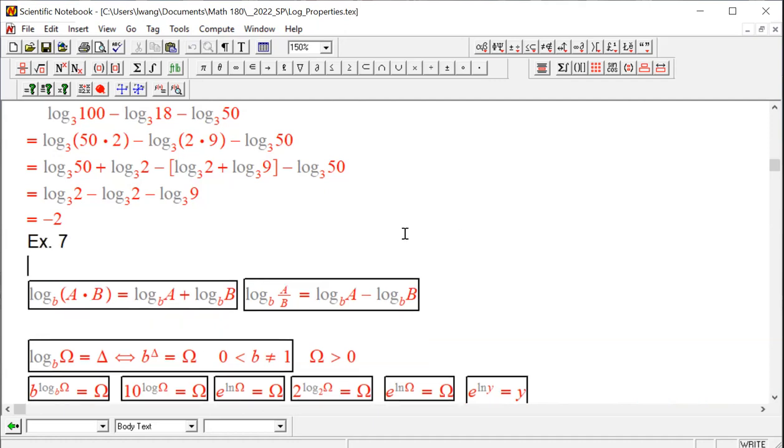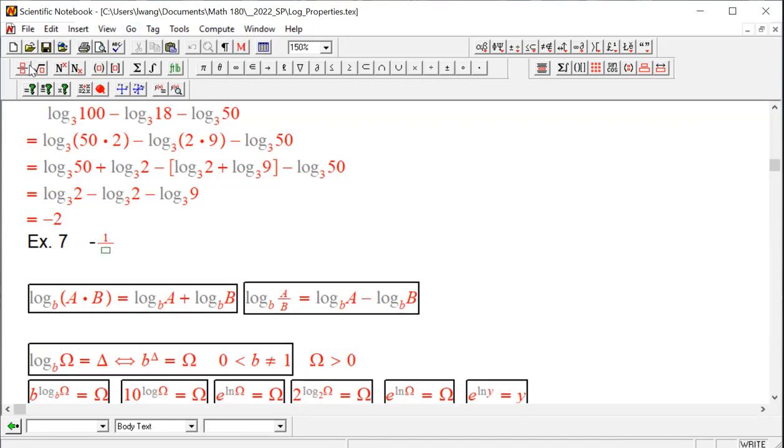Okay, this one, we have a negative 1/3, right? We have a negative 1/3, and then log base 3 of 27. Oh, 27, sorry.